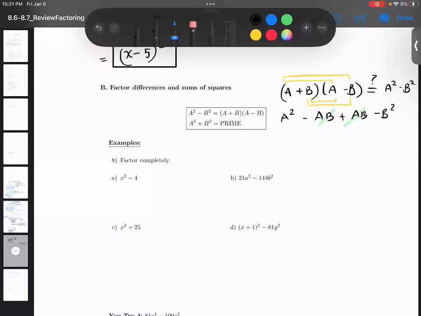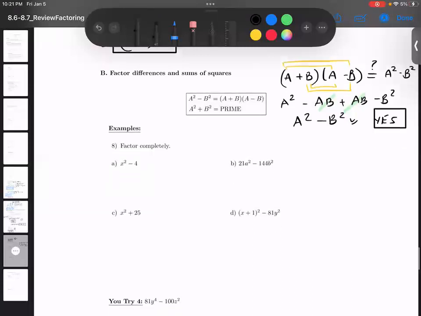Right? So all you have left is a squared minus b squared. So yes, they are equal. A squared plus b squared, fortunately for us, because less work for you, is prime, right? You cannot find a product of two binomials multiplied together to give you a squared plus b squared. It's prime.